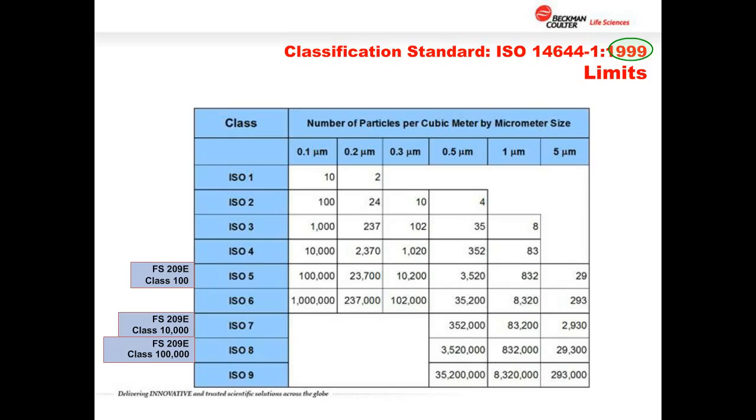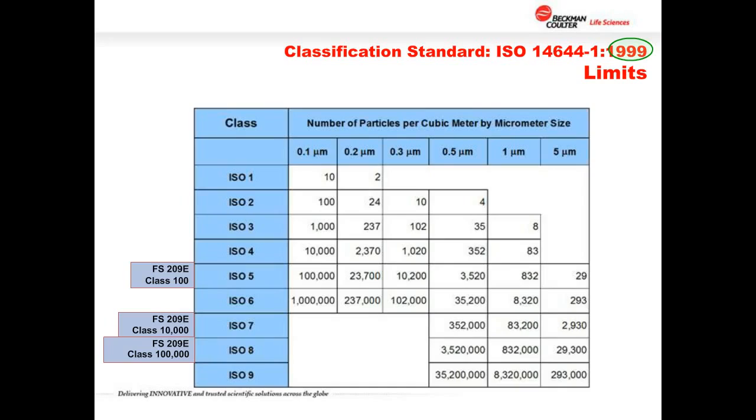These classes are very similar to those that people may have experienced before from the U.S. federal standard. Class 100, 10,000, 100,000 were all based on counts per cubic foot. So it was a different measurement criteria, counts per cubic foot versus counts per cubic meter.